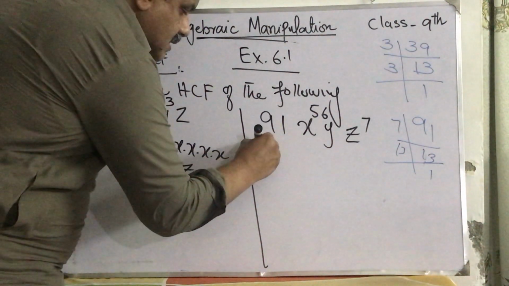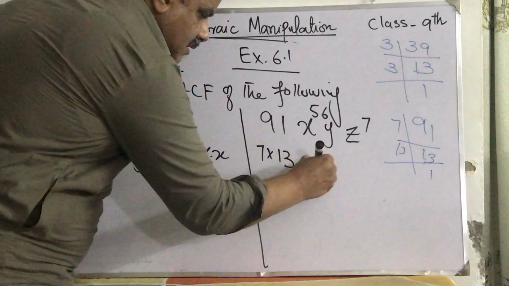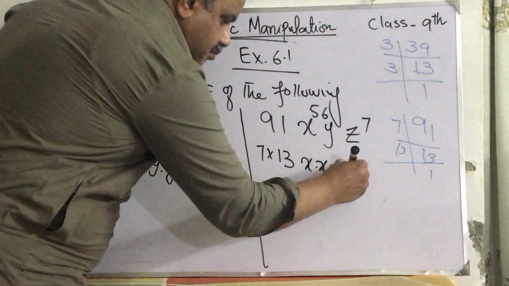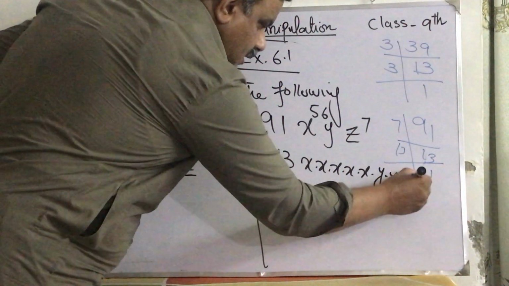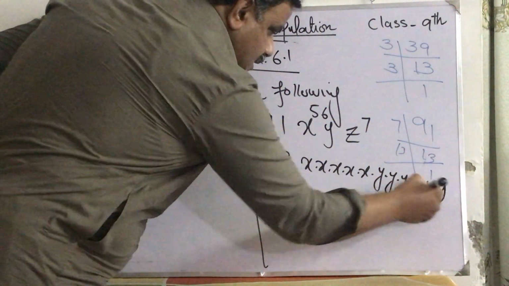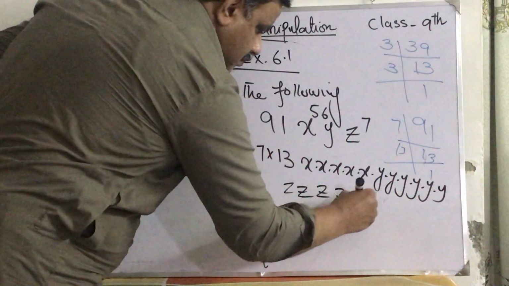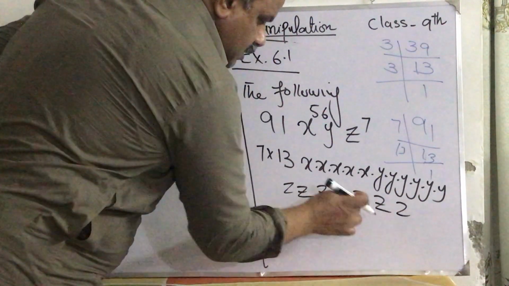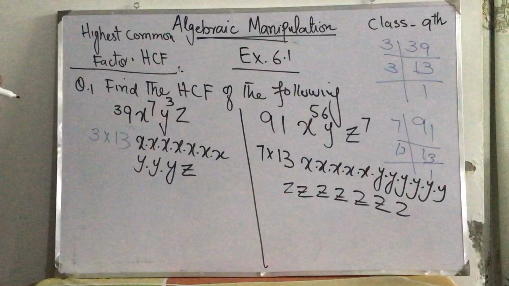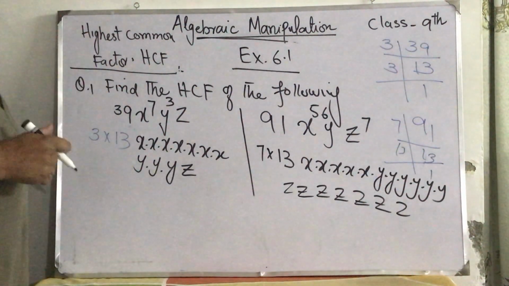So we write 7 into 13, x 5 times, y 6 times: 1, 2, 3, 4, 5, 6, and z 7 times: 1, 2, 3, 4, 5, 6, 7. So we're done.